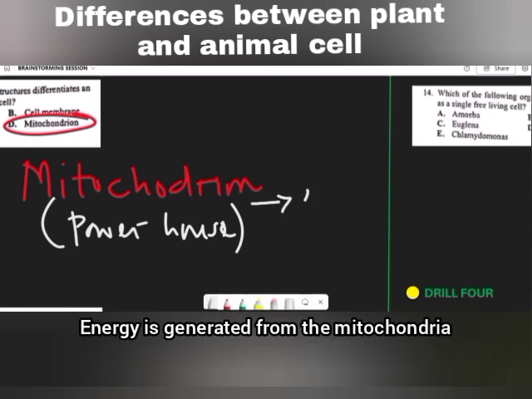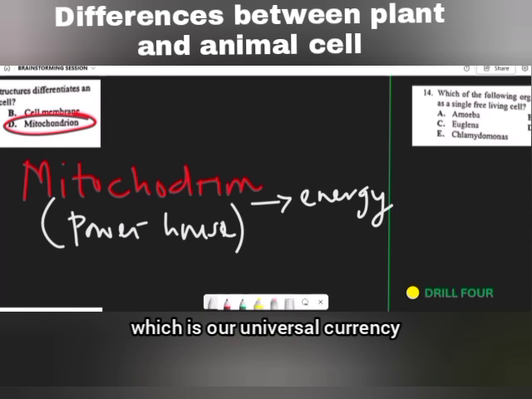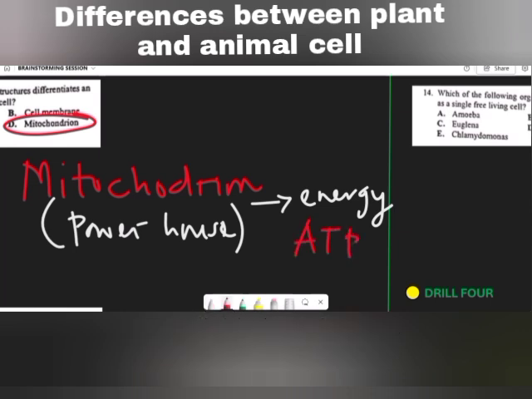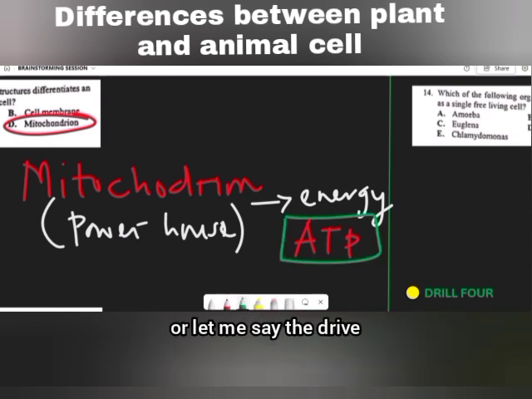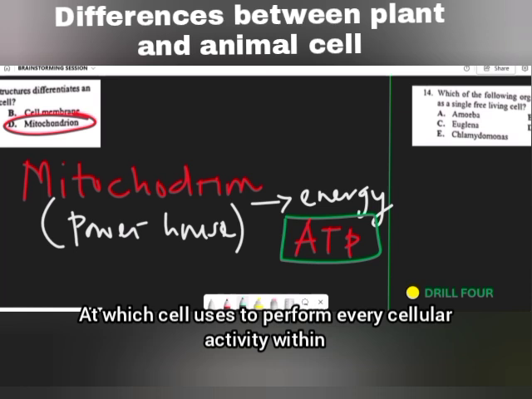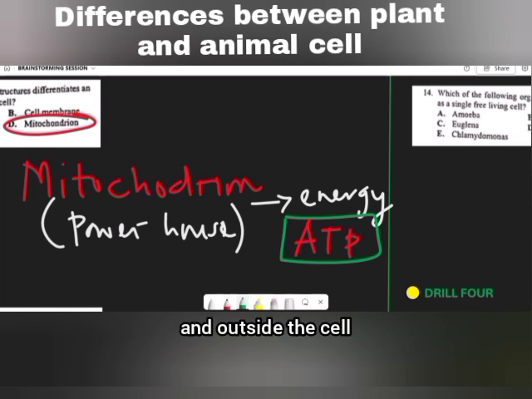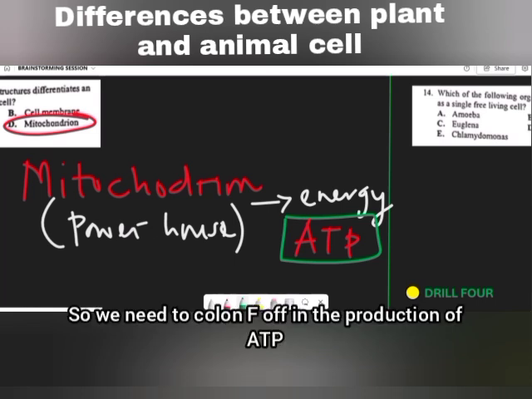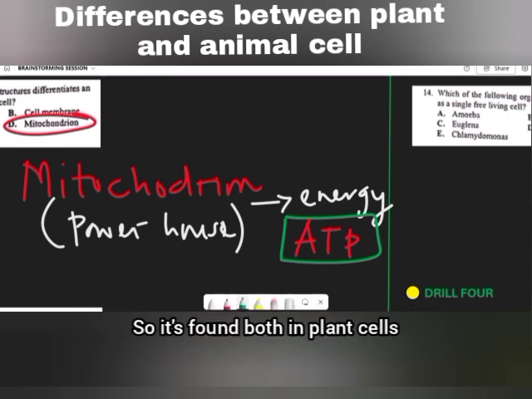Energy is generated from the mitochondria, which is our universal currency called ATP. This ATP is the energy, or the drive, which the cell uses to perform every cellular activity within and outside the cell. So mitochondria help us in the production of ATP, and it is found both in plant cells and animal cells.